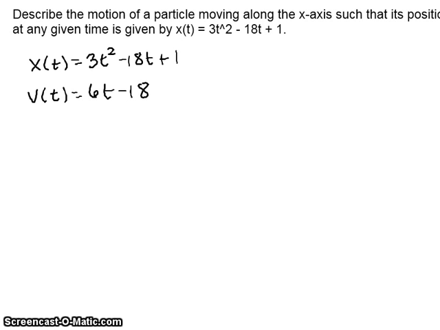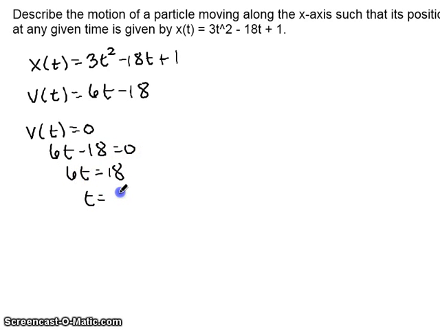So thinking about when we were trying to find maximums and minimums, we needed to find when our derivative was 0. That way we would know if our function was increasing or decreasing. We're thinking about the same thing here. We want to find when velocity is positive and when velocity is negative, so we need to find when our velocity is 0. So when v of t equals 0, we would say 6t minus 18 equals 0, 6t equals 18, t equals 3.